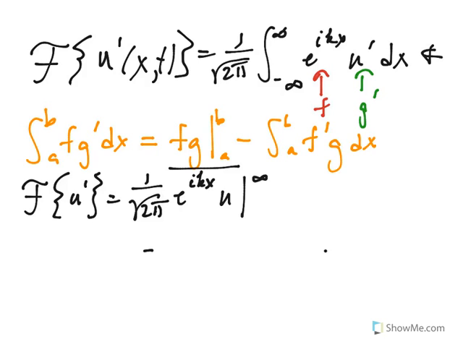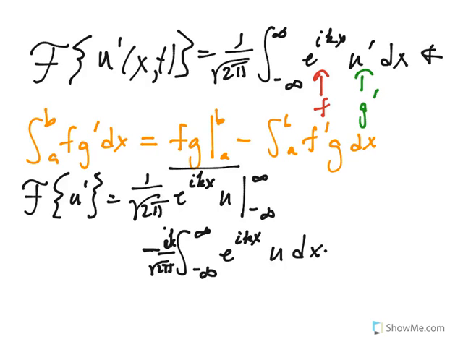So we evaluate that at the two limits. And then the second piece is minus 1 over root 2 pi times our improper integral again of f prime, well, if f is e to the ikx, f prime is ik times e to the ikx, and g again is just u dx.